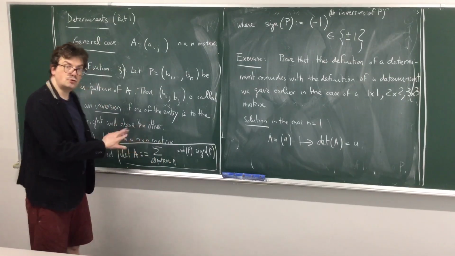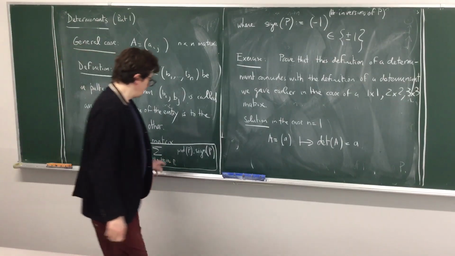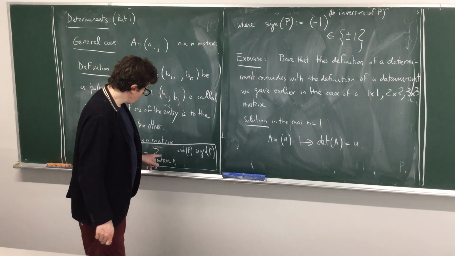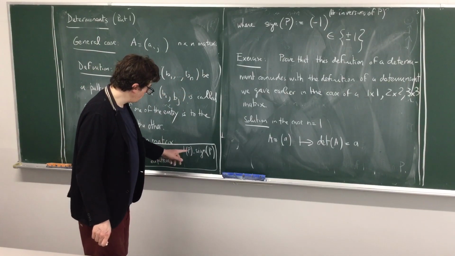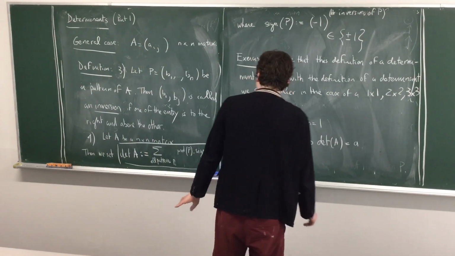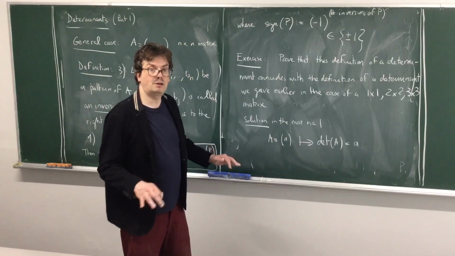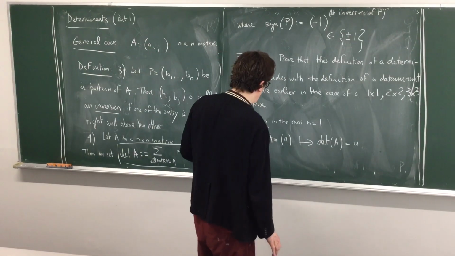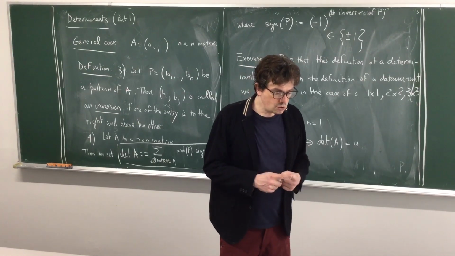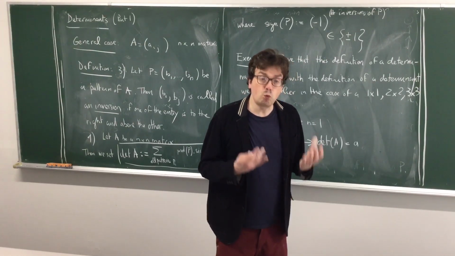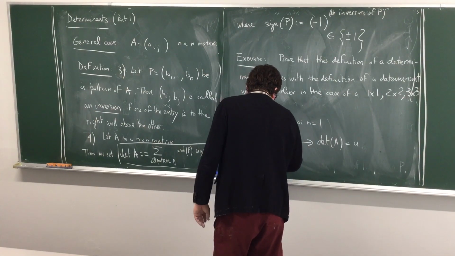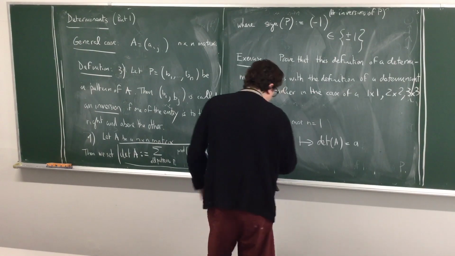I'm going to check that both definitions coincide. I need to do the summation over all possible patterns of this matrix of the product of P times the sign of P. So first of all, I need to know how many patterns I have. Well, it's very easy. I have only one entry, and therefore I can have only one pattern. And the only possible pattern is actually this one. This is my pattern.